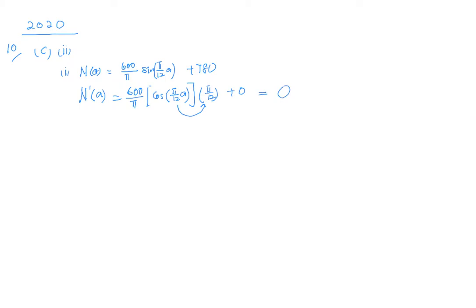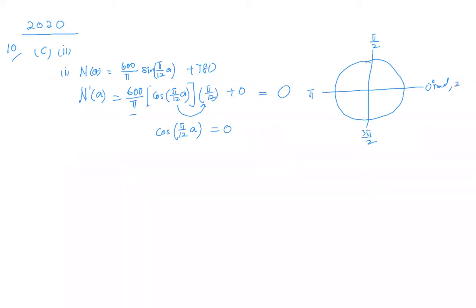So that means this one cannot be 0. The only thing that can be 0 will be cos pi by 12a equal to 0. Okay, then you have to remember when cos is 0. So you have to have this: 0 radian, pi by 2 radian, pi radian, 3 pi by 2 radian, 2 pi radian, then go on and on, 5 pi by 2 radian.